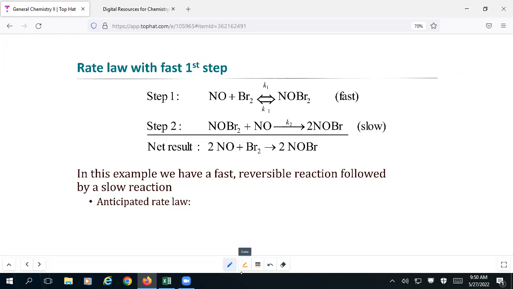Fast and reversible. Well, if I follow the same logic as I did on the first slide, I would end up getting a rate law of r equals k times NOBr2 times nitrogen monoxide.